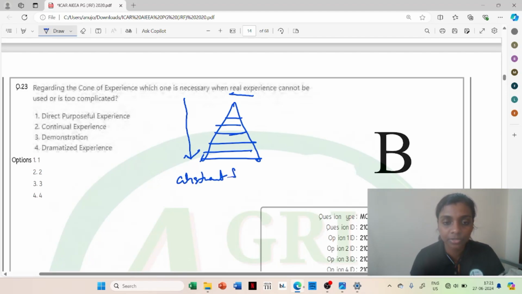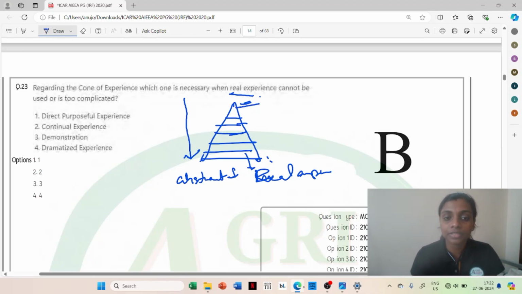At the top there will be verbal symbols, and at the last stage there will be real experience. As you go from top to bottom, the senses get involved maximally, so the retention power increases for the person.